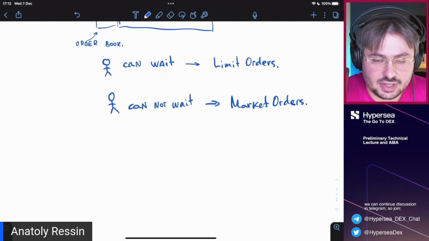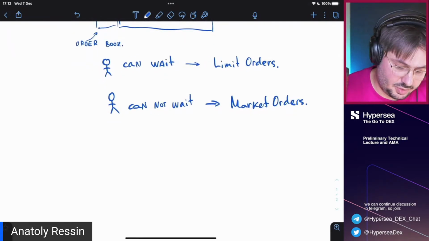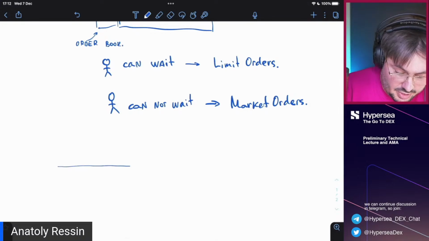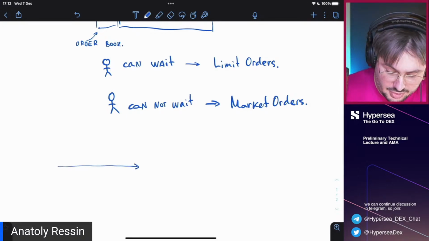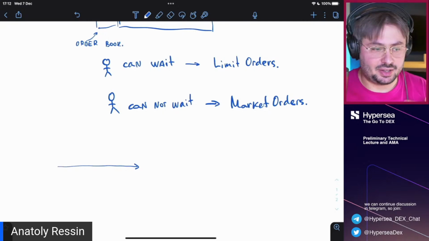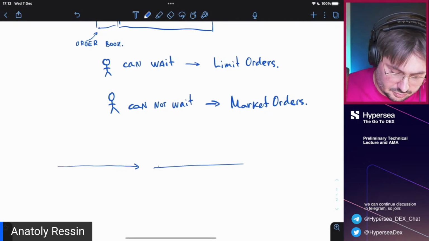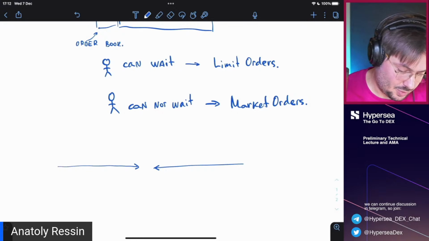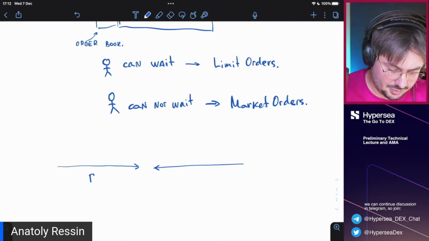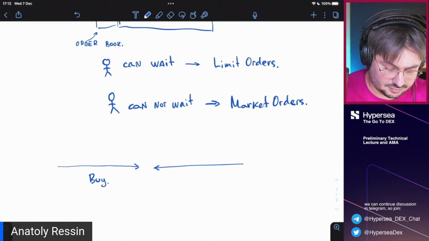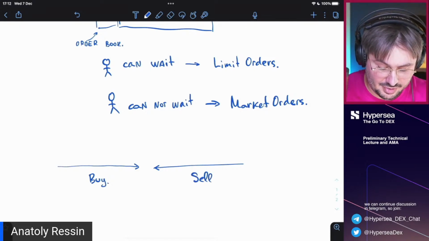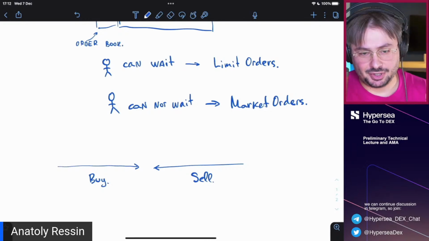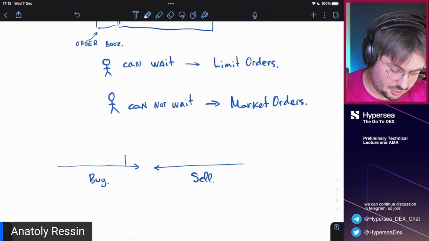And I would say that about limit orders, we need to say that what we are actually doing when we are creating an exchange is creating two different queues. One is the so-called buy queue, and the other is the sell queue. And all your limit orders are just aggregated according to their price.